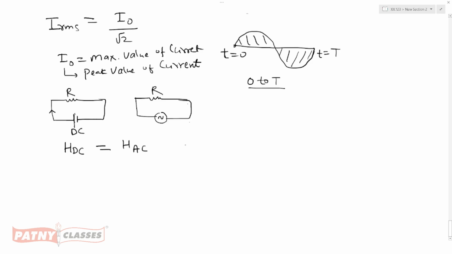Now the condition to find RMS value of current is that heat produced in DC circuit is equals to heat produced in AC circuit, provided the resistance values are same and current flowing for the same duration of time, where HDC is equals to DC current square multiplied by R into capital T, and HAC equals to integration 0 to T, I of t whole square R into dt.